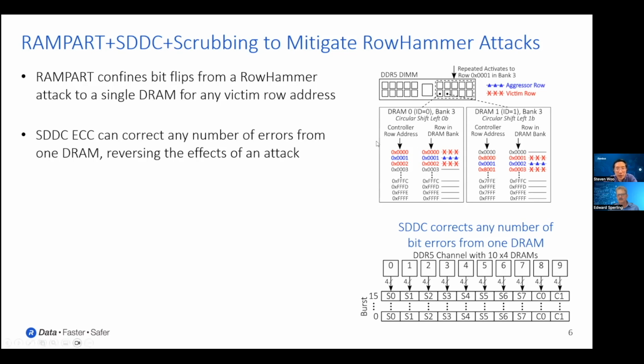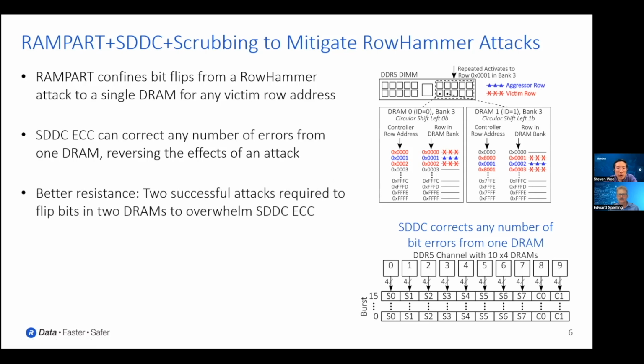Now, the other thing that's interesting that we can do is you don't necessarily need to even know that an attack has been successful, right? If one attack has been successful and you don't know it, and you read a victim row address, again, only one DRAM will see errors. And so chip kill or SDDC ECC will correct it.